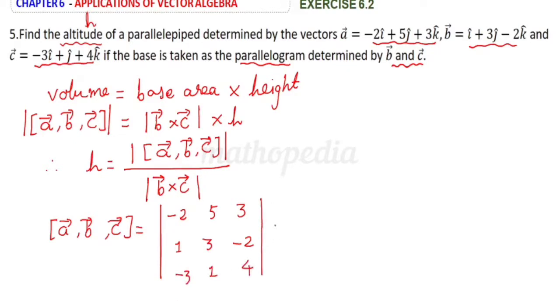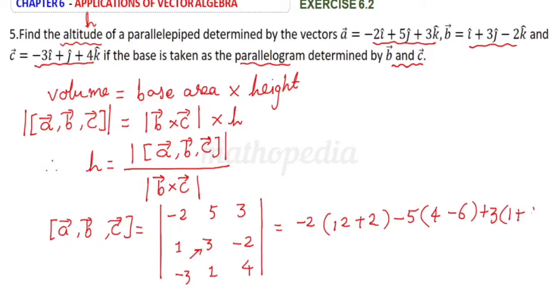Now we expand this determinant. So -2 into (12 plus 2), minus 5 into (4 minus 6), plus 3 into (1 plus 9).